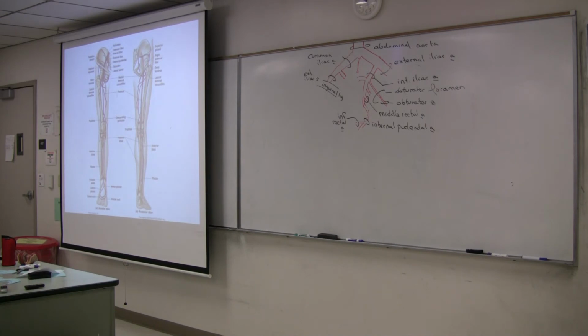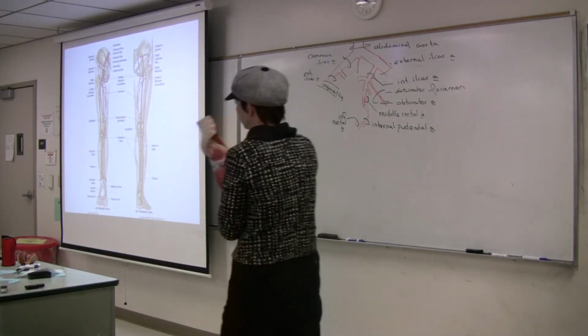On our leg model, just make sure that's on here. On the leg model, here's the inguinal ligament. Here would be the external iliac artery. As soon as we see it underneath the inguinal ligament, this is now the femoral artery. Okay, so it's just like our clavicles as we change the name from subclavian to axillary.